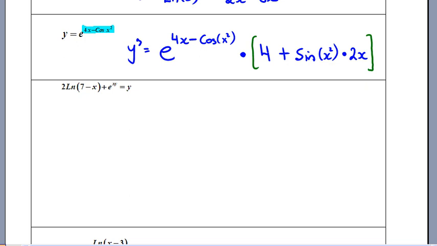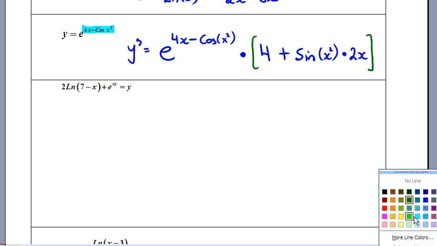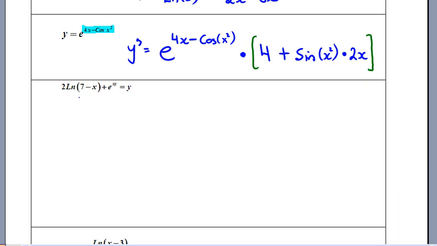Here goes. Okay, doing my derivative on both sides with respect to x. I'm going to have 2 times, now the derivative of that, a little blob going on there, 1 all over 7 minus x, multiplied by the derivative of that blob, which would be a minus 1. Moving on down the road, plus e to the, okay, weird little blob there.